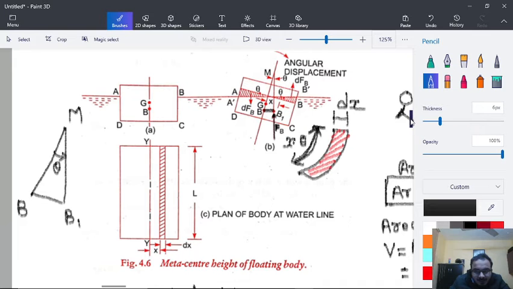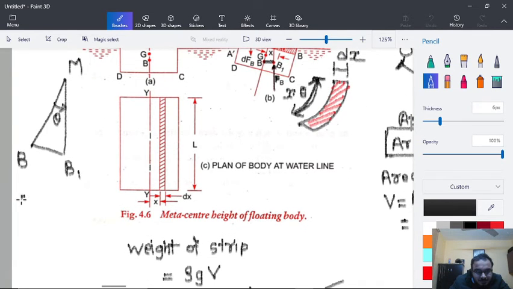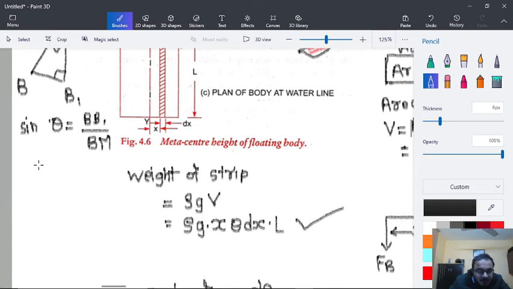So when we calculate sin theta for this, then it will be equal to BB1 divided by BM. So here theta is very small, so instead of sin theta we can simply write down theta. So finally we are getting BB1 divided by BM.